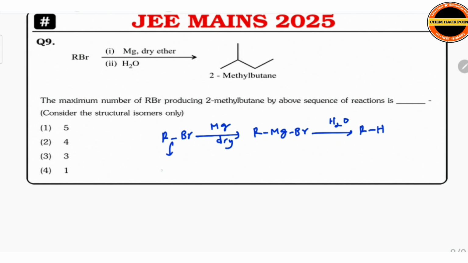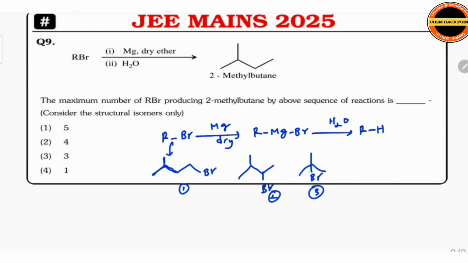RBr may be, as they mentioned, 5 carbons. So you see the possibilities here. There is one possibility to give that with 5 carbons. One more possibility, you can place Br here. Second, you can place Br here.